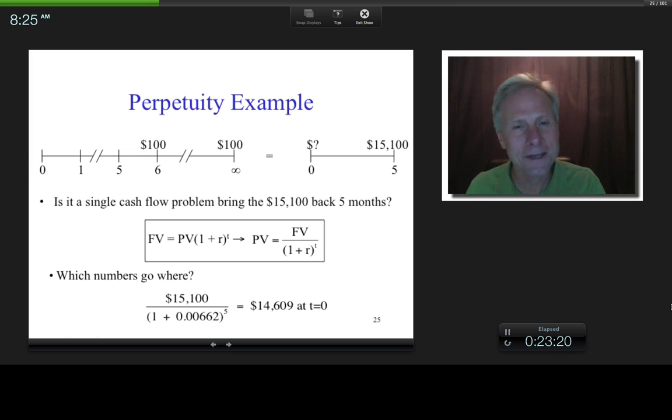So notice what we did, right? Step 1 with this whole problem was, well, we applied the perpetuity formula to crush all these numbers into one single time period, in this case at time 5. And then we used single cash flow principles to bring it where we wanted to. By the way, what would you prefer?